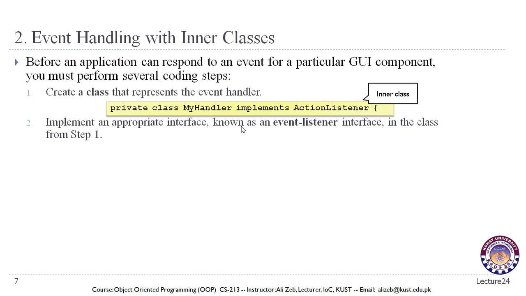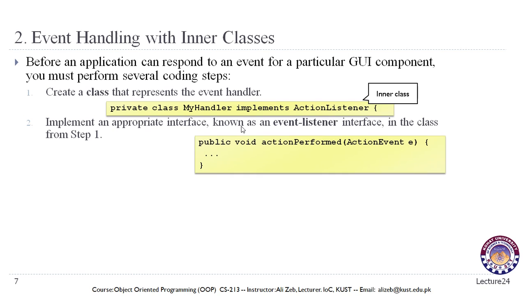Implement an appropriate interface, known as an event listener interface, in the class, and it has this action performed method that we have used previously. We include functionality inside this action performed method that is then listened to by the object and performed accordingly.